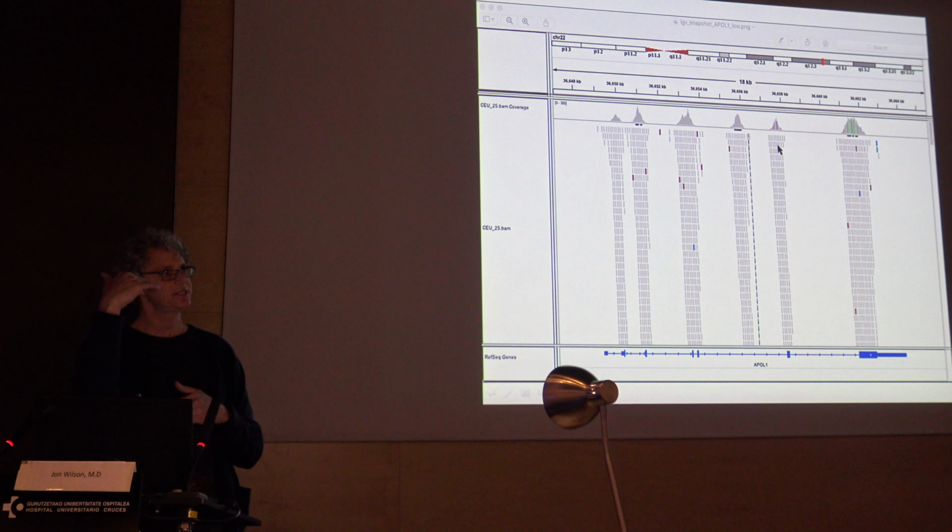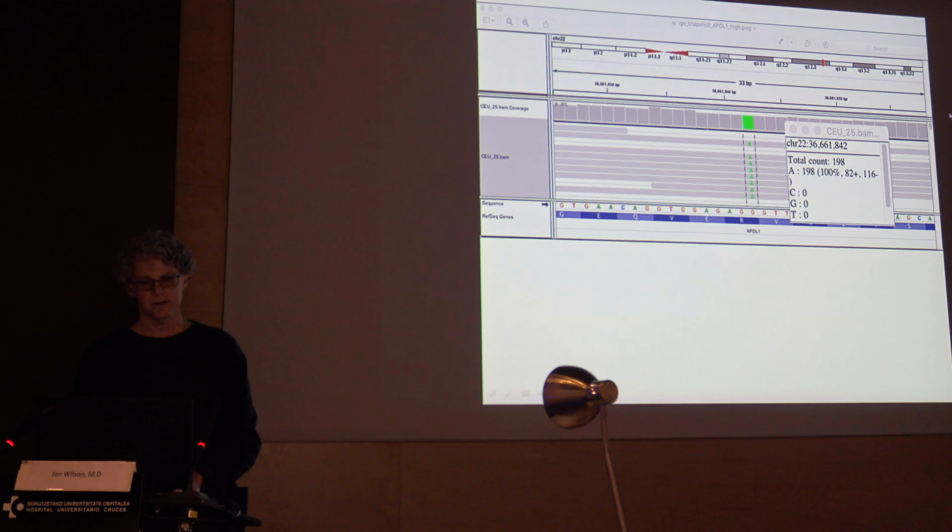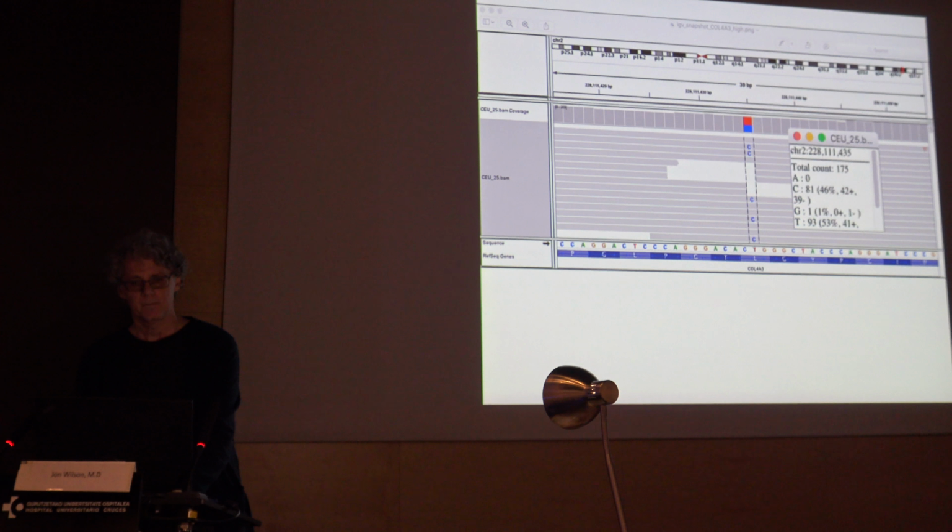That means you sequence the same area multiple times. So again, you look at individual molecules as compared to Sanger. If I look close, this is a read, that's a read, that's a read, that's a read, and you can see that for all the ones that are here, this is homozygous, and I read it 198 times at this base pair. Same thing, here's one that's heterozygous. I read this particular base pair 175 times, and it's heterozygous.